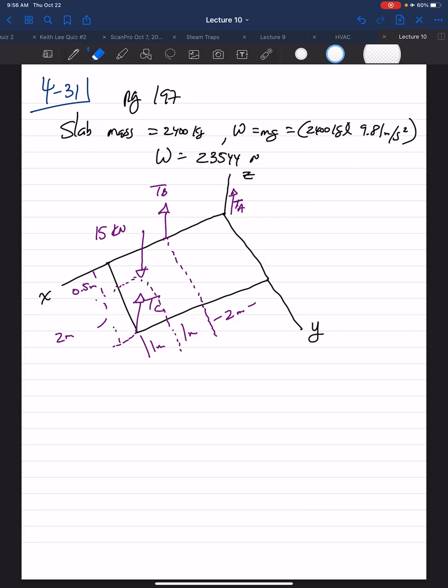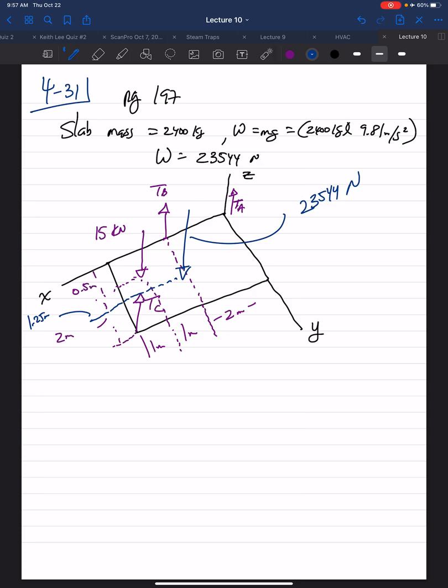So the center of gravity is here. This is where the 23,544 Newton force acts, and that's basically 1.25 meters in the width and 2 meters in the length direction.